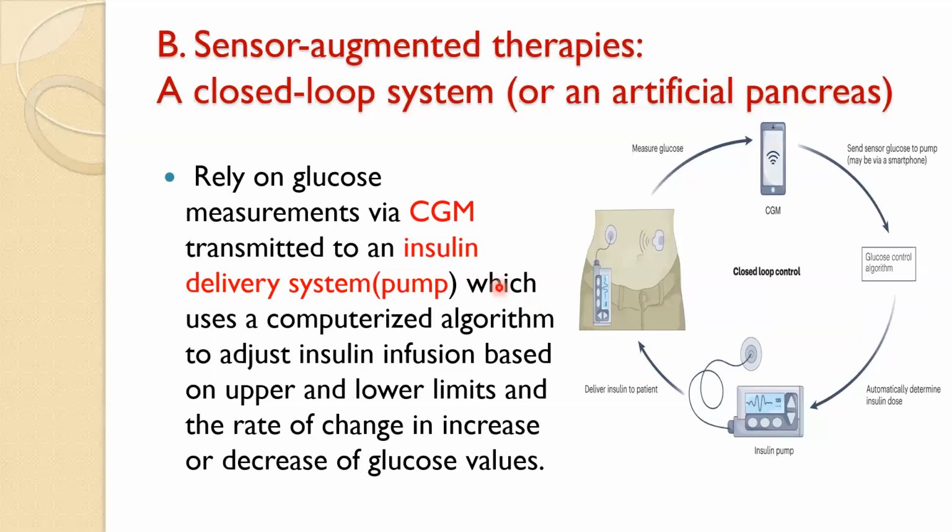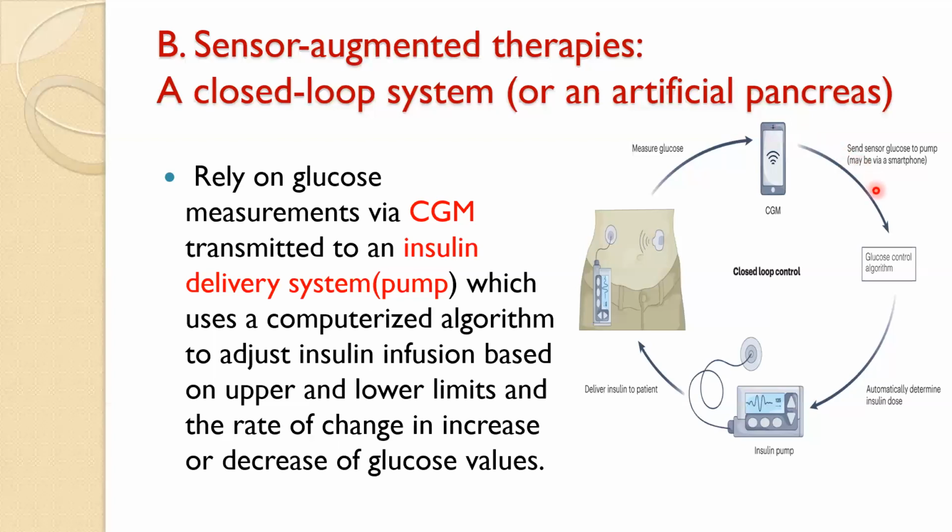And then we have a closed loop system, or an artificial pancreas, and this basically relies on glucose measurements via continuous glucose monitoring that is transmitted to a delivery system or a pump that uses a computerized algorithm that helps to adjust the insulin infusion based on the readings. So continuous glucose monitoring measures the glucose at all times.